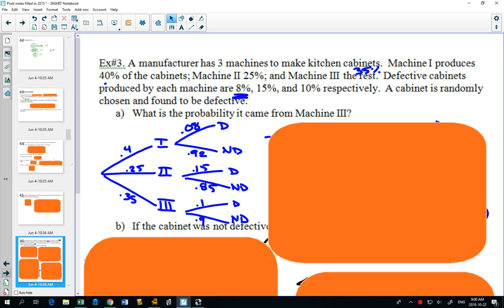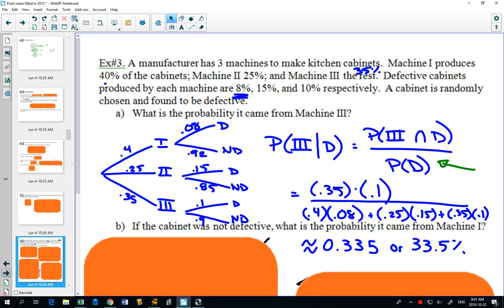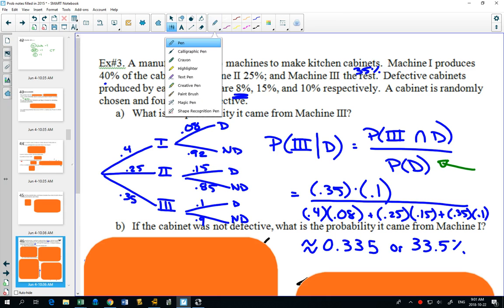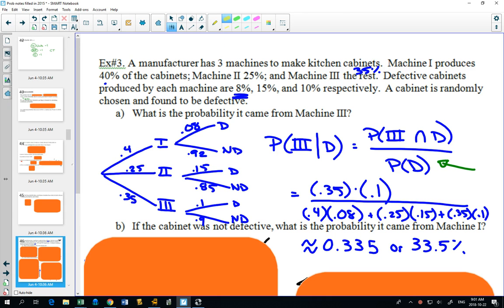And so, what is the probability it came from machine 3? So here's where we could set up our probability formula and say we want to find the probability it came from machine 3 given that it's defective. The formula says find the probability of machine 3 and defective. Well, that would be this branch right here, which I'll highlight in yellow.